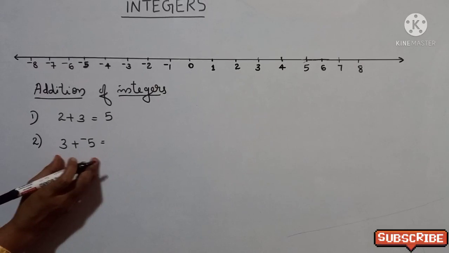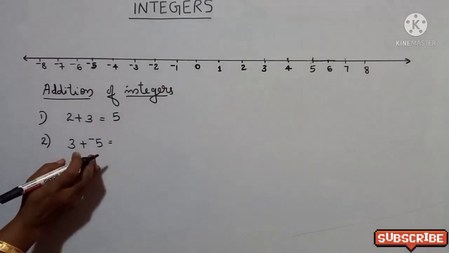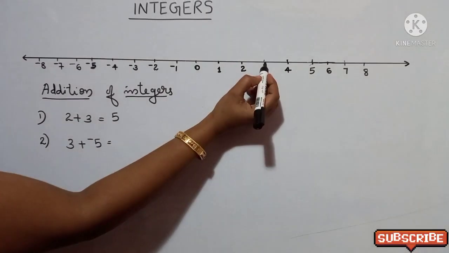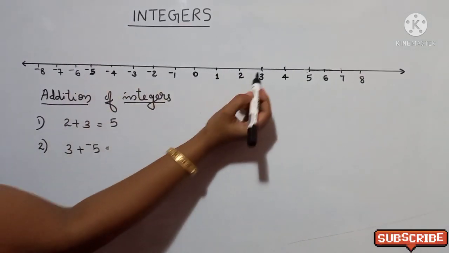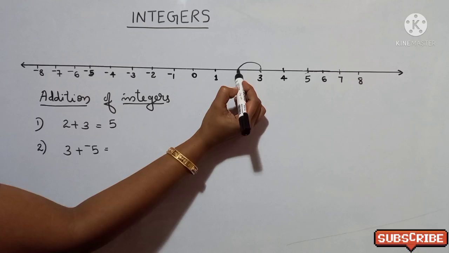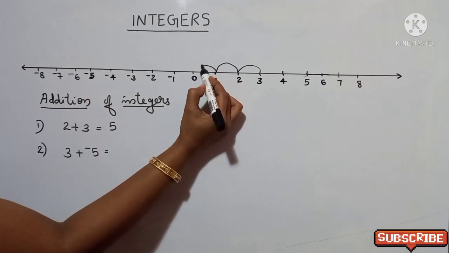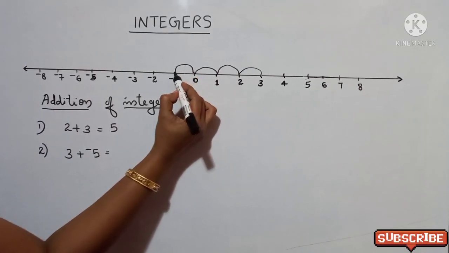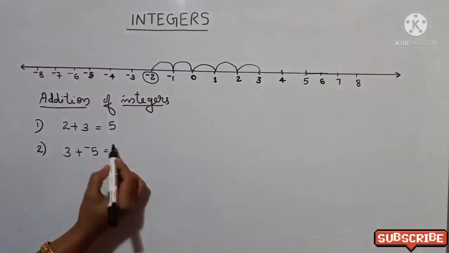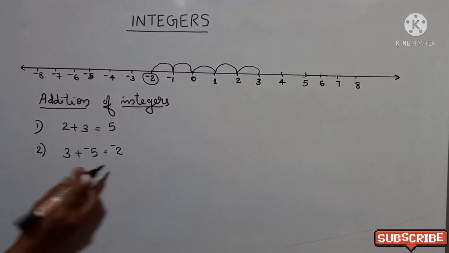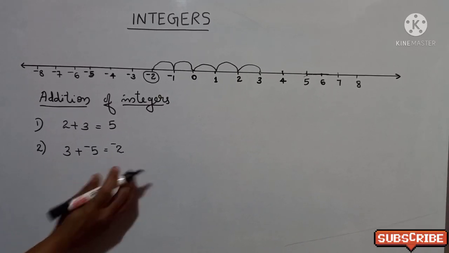This value will be decreasing. Here it is 3, and minus 5 means we have to move towards the left: 1, 2, 3, 4, 5. Let us see what answer we are getting. Minus 2. 3 plus minus 5 is equal to minus 2.